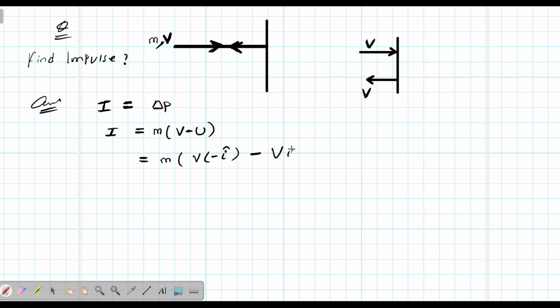Initial speed is v I cap. So this is minus 2mv I cap. So that is the impulse.